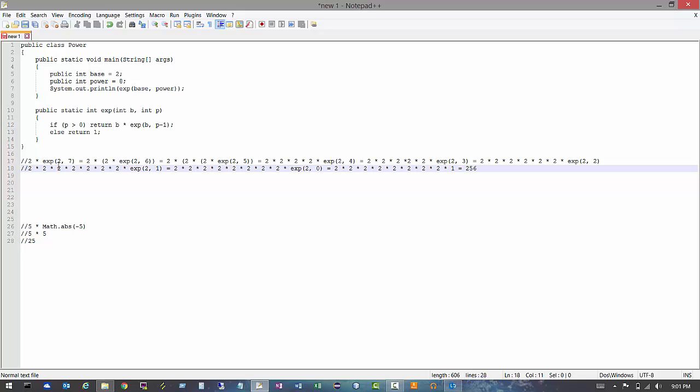So 2 to the 7 is 128. So 2 times 2 to the 7 is 256. 2 times 2 times 2 to the 6th, 2 to the 6th is 64. 2 times 2 is 4 times 64 is 256, and so on.